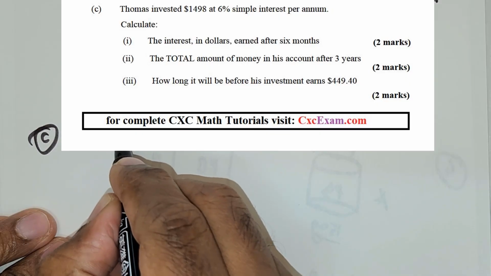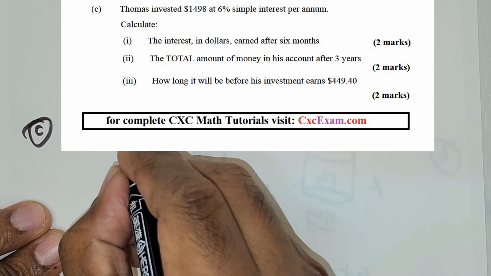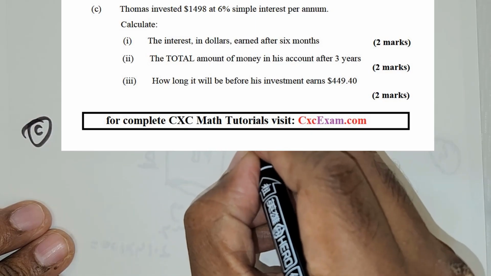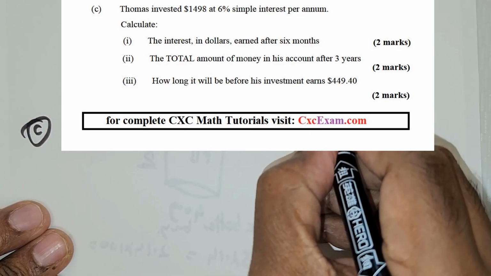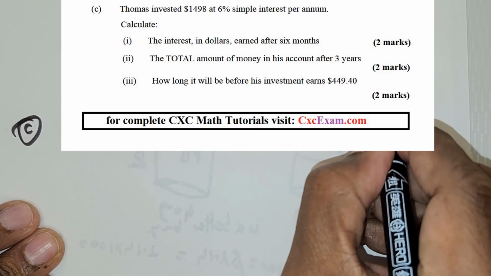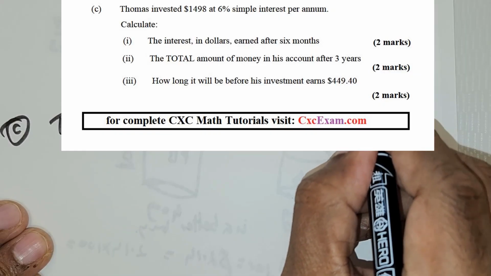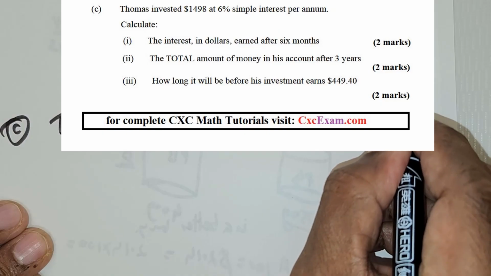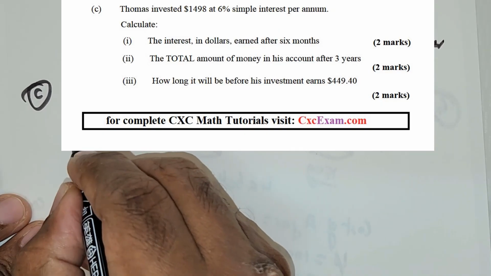It says Mr. Thomas invested $1498 at 6% simple interest (SI) per annum.